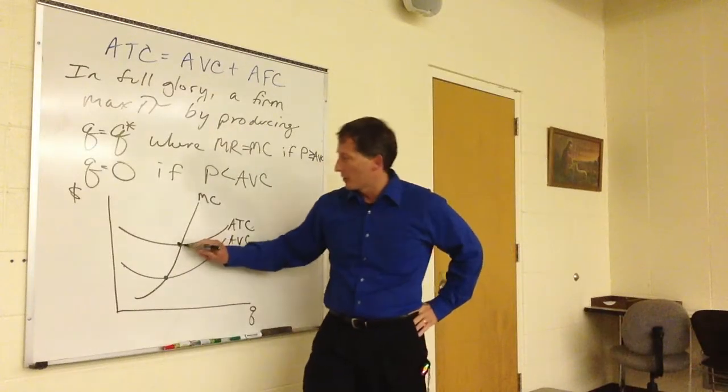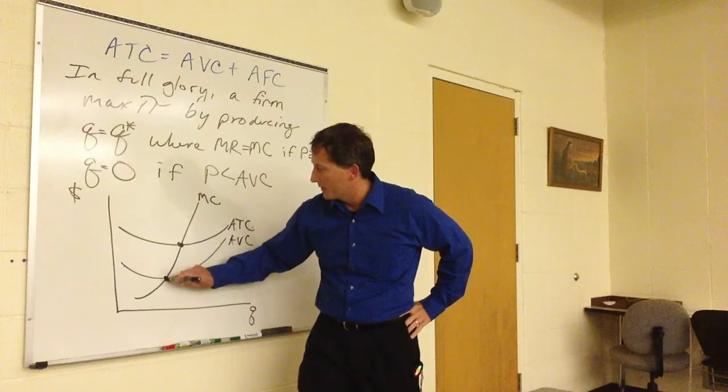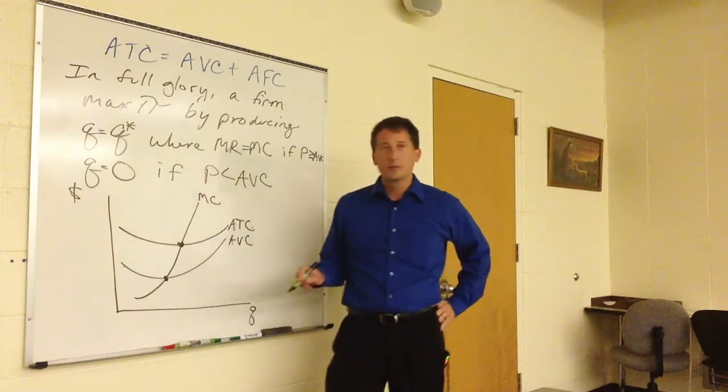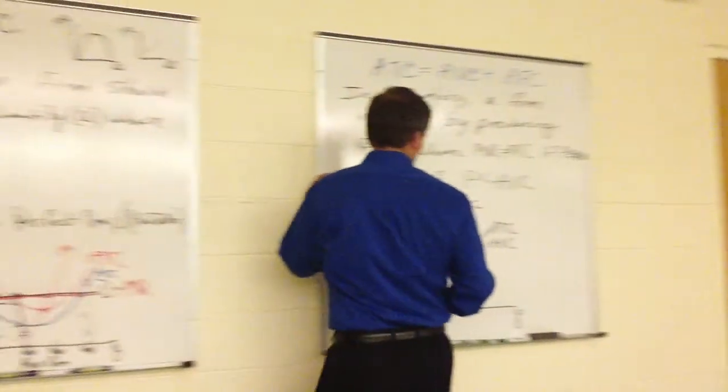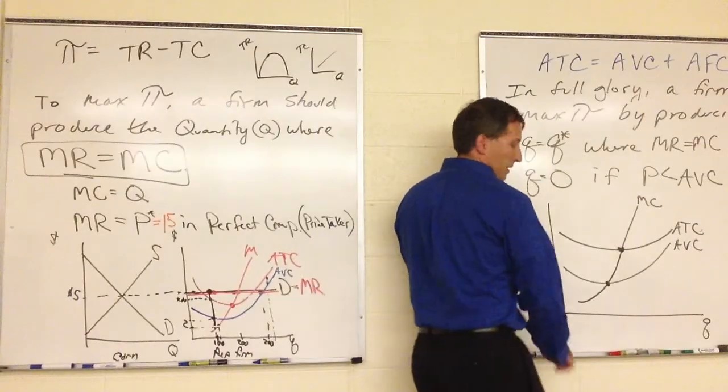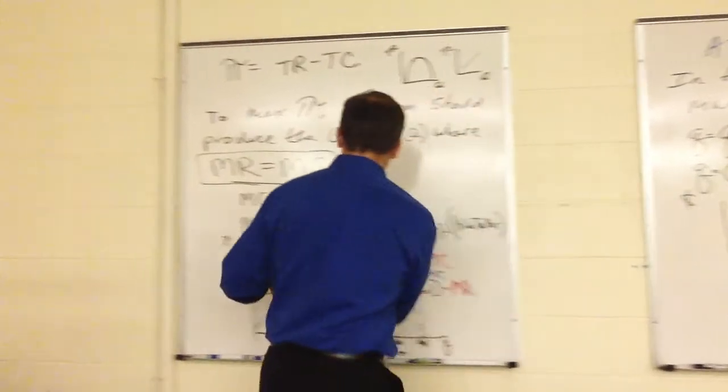So the marginal cost curve always cuts through the minimum point of the average total and the average variable. Now, I've left off this part of it here.